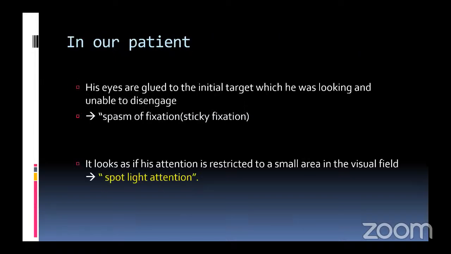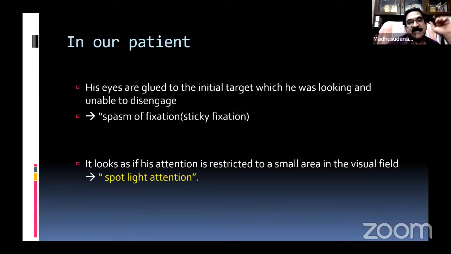Now, what is the spasm of fixation? Eyes are glued to the initial target which he was looking at and unable to disengage. That is spasm of fixation. It looks as if his attention is restricted; this attentional problem is correct. It is as if his attention is restricted to a small area in the visual field, called spotlight attention. He is attending to one area, but neglecting all other areas.